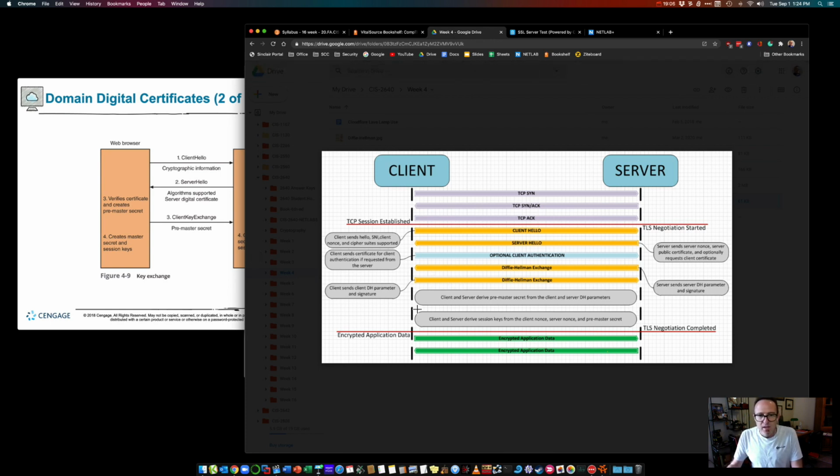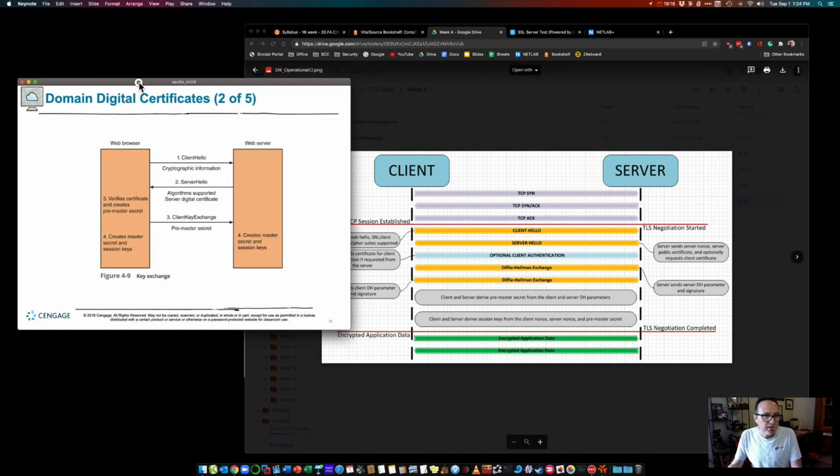A lot of times, after our TCP session is established, our TLS negotiation might be done over a temporary certificate or temporary key, usually called a temporary key negotiation. After that's all done and everything's agreed upon, we'll then use an actual session key. So more than one key could be used, even in the initial connection here. Keep that in mind.